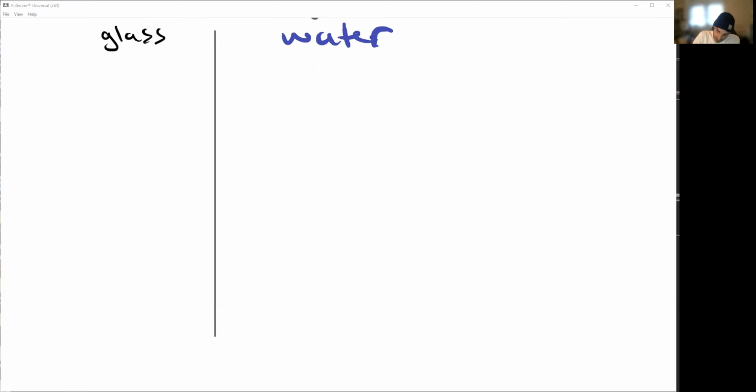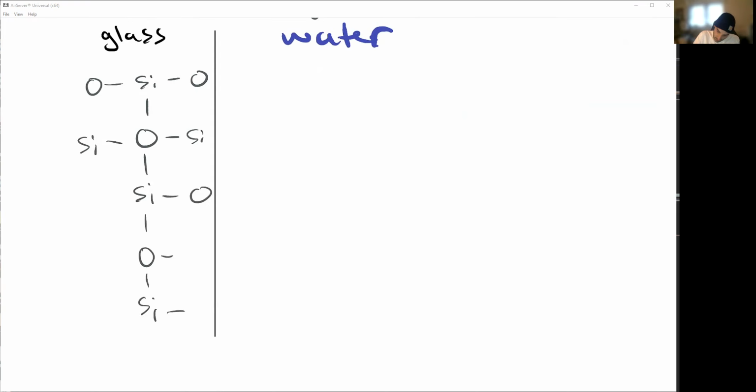Glass is made up of silicon oxide, so you essentially have this network of alternating silicons and oxides, and onward forever, oxide, silicon, oxide. On the surface, these oxygens are negatively charged, so we have that surface of really nice negative charges.